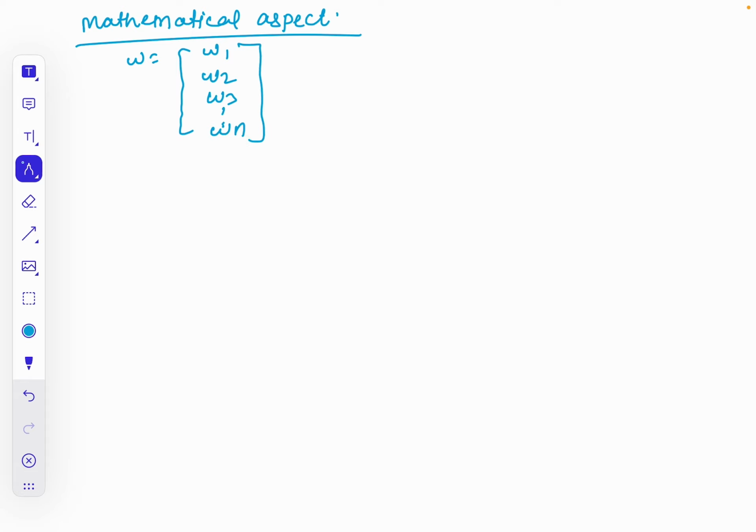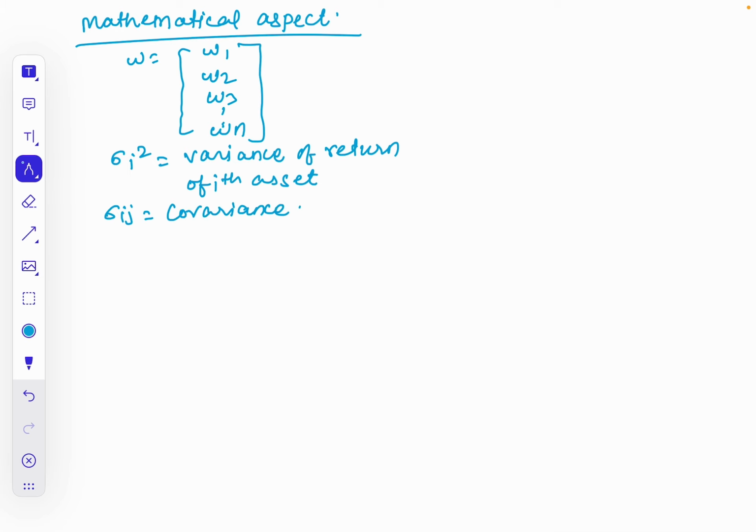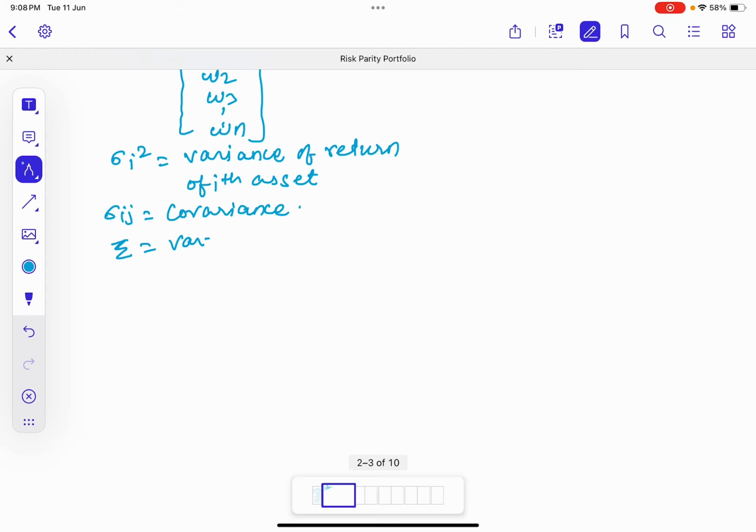Then you will come across terms like sigma i square, which is the variance of the return of the ith asset. This term will be the covariance, and this term is basically the variance covariance matrix.